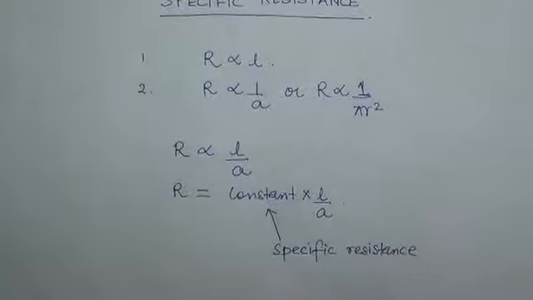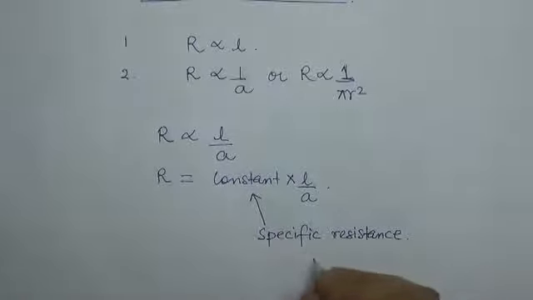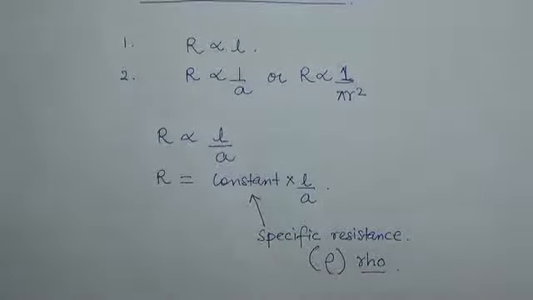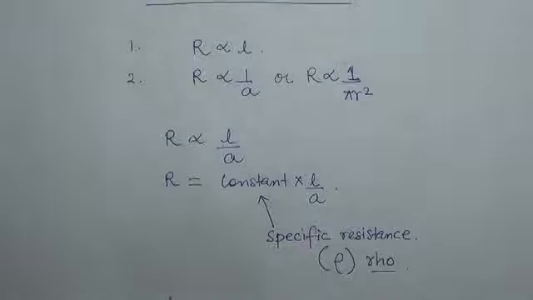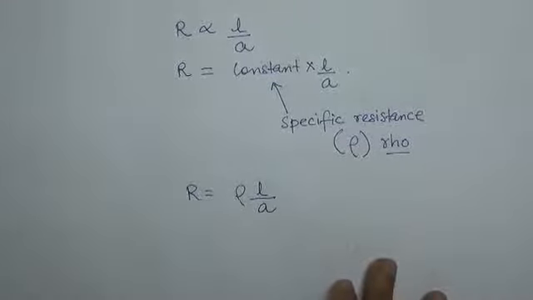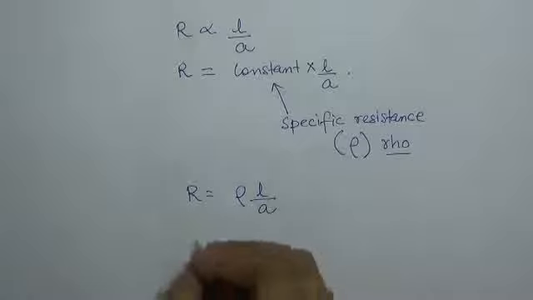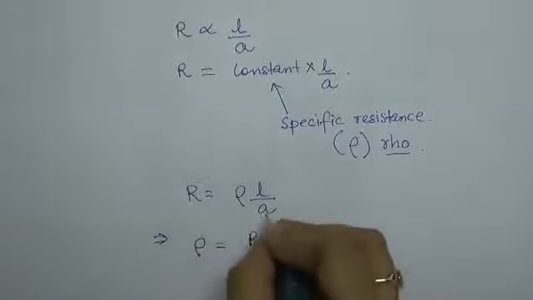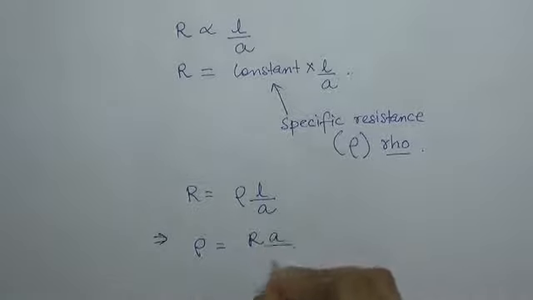Specific resistance is denoted by the symbol rho, R-H-O. So how can you write it? R is equal to rho L by A. Or if you want to make rho the subject of the formula, how are you going to write it? Rho is equal to R, A will go there, A by L.